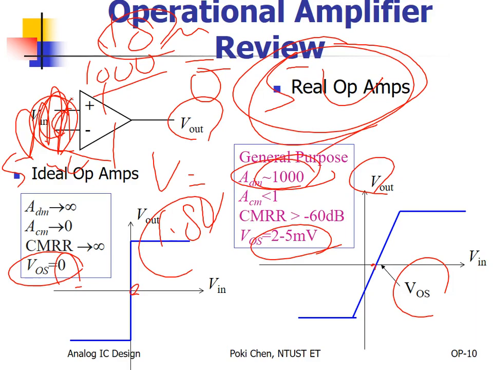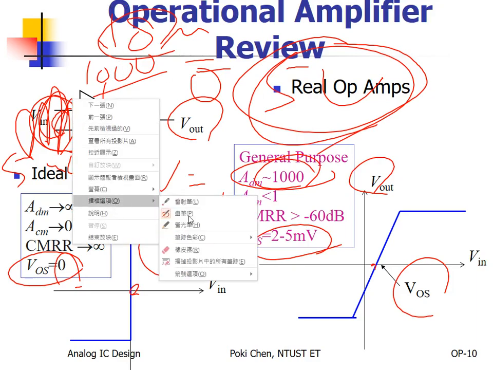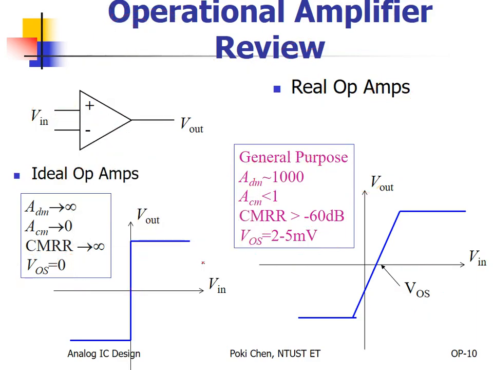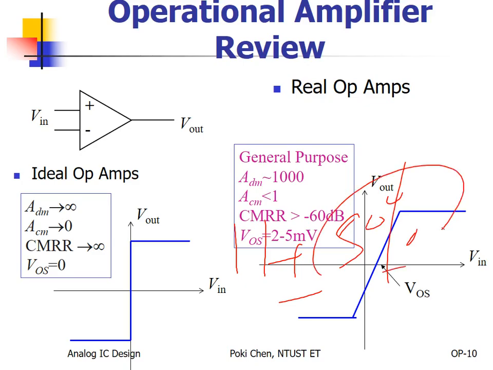But I need to warn you again. VOS, we only talk about the absolute value. It is positive or negative, usually with 50% probability. If nothing is wrong, 50% of your chips after fabrication will get positive VOS, and 50% of them will get negative VOS, according to random mismatch.